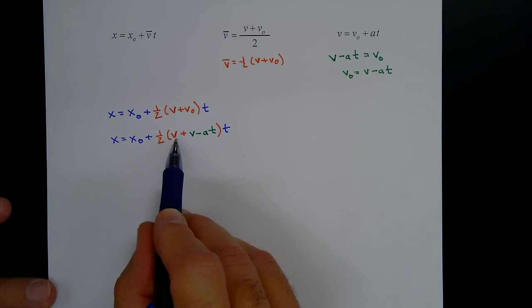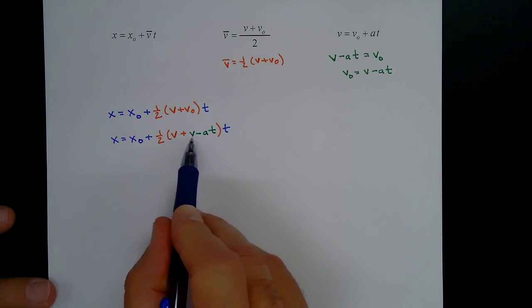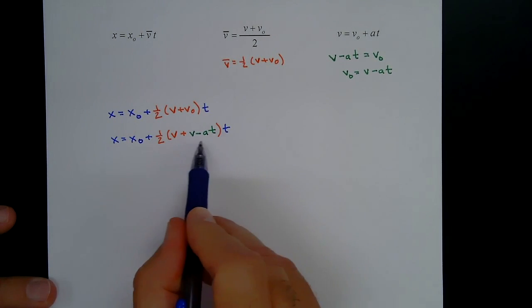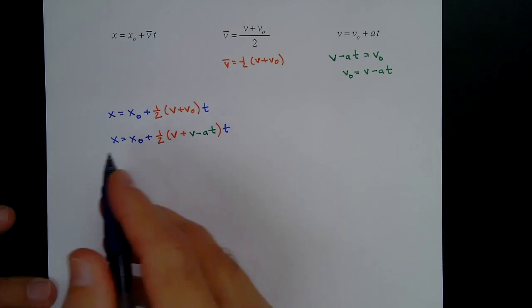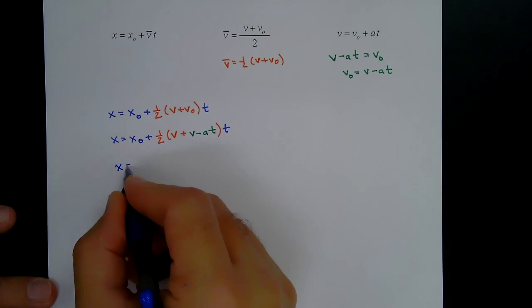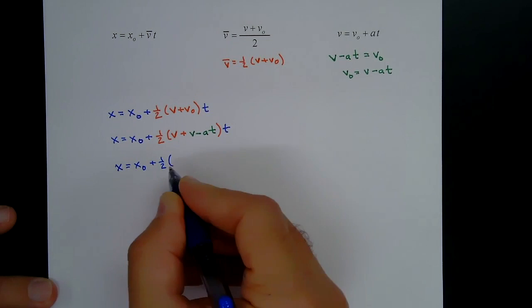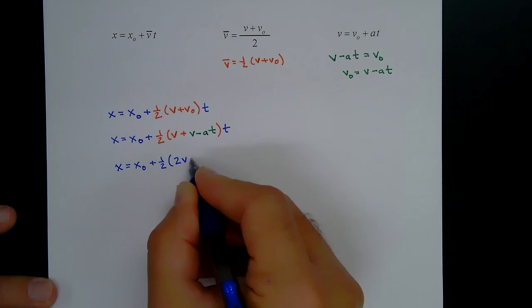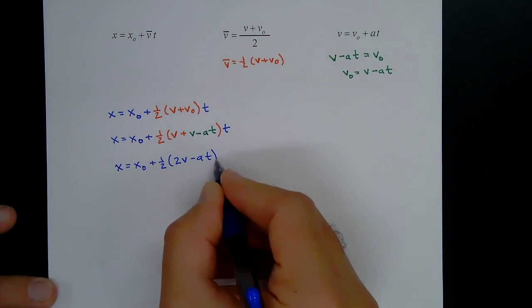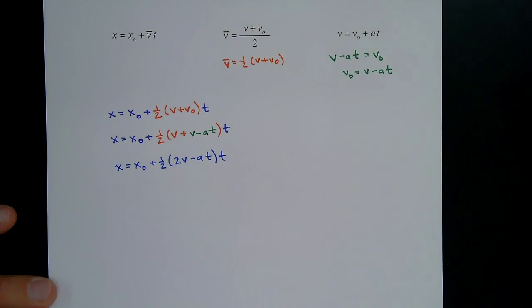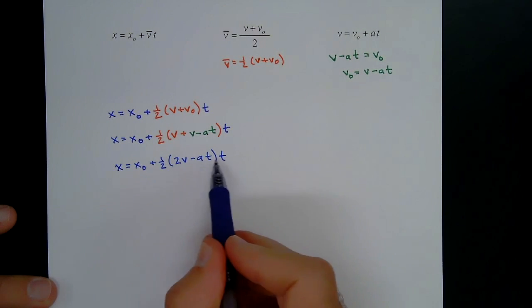So right now, I can combine v plus v. That'd be 2v minus at. So inside the parenthesis here becomes 2v minus at. So x is equal to x sub o plus 1/2 times 2v minus at times t. All right, now I'm going to distribute the t.